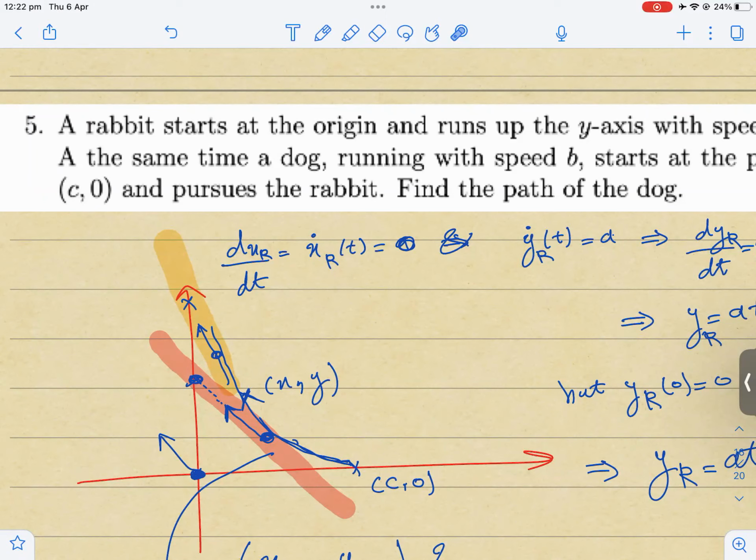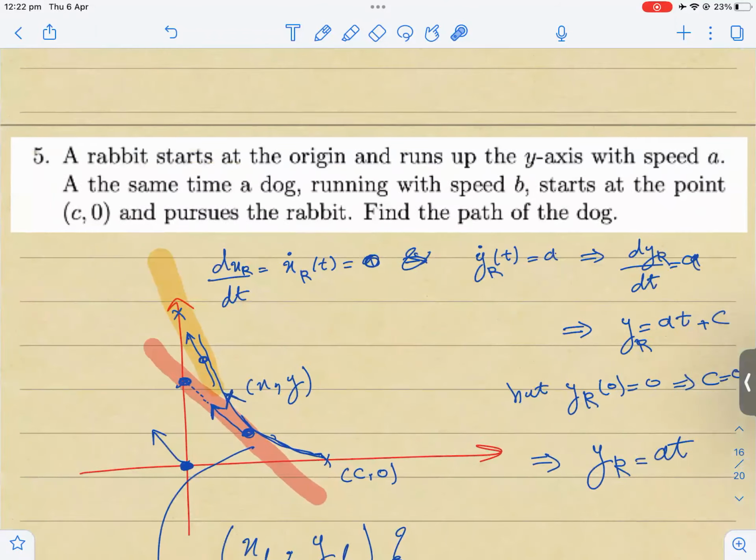So if I solve this, it will be AT plus C, but I started from 0, so C will be 0. So Y, the location of the rabbit after T, is AT, but we know that already.